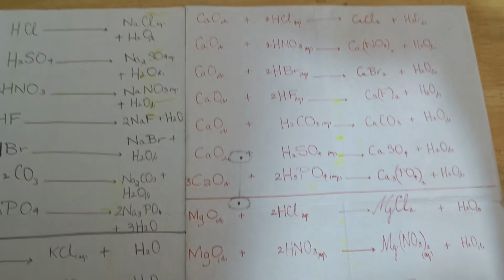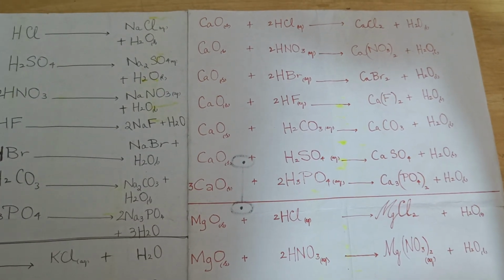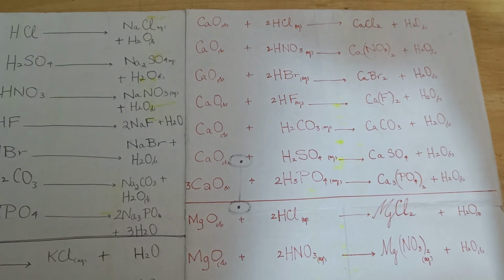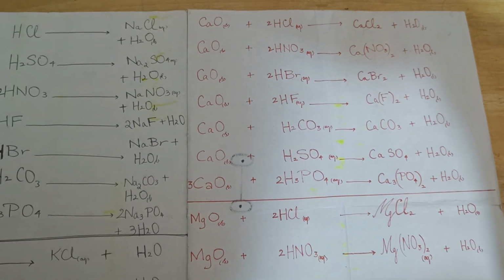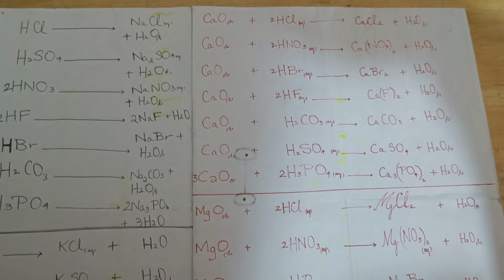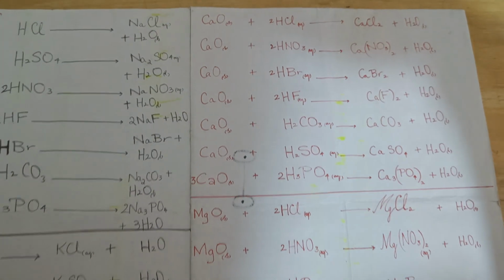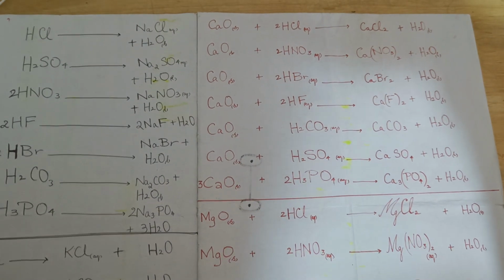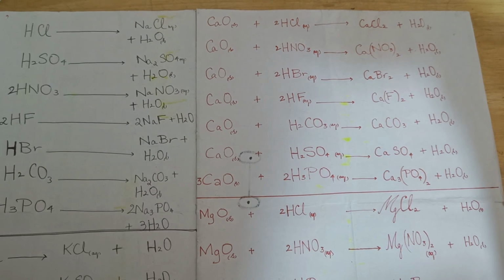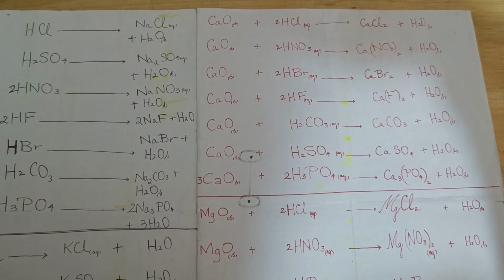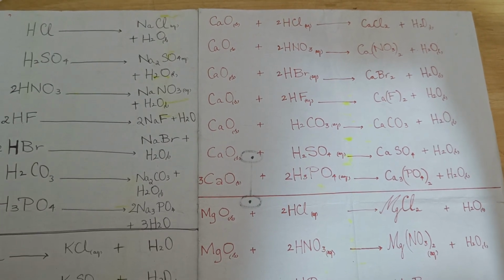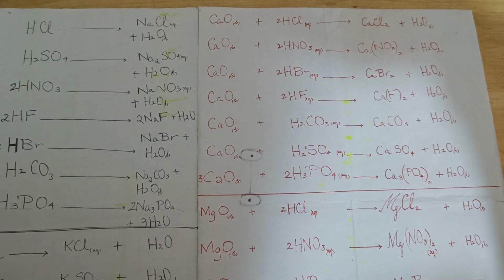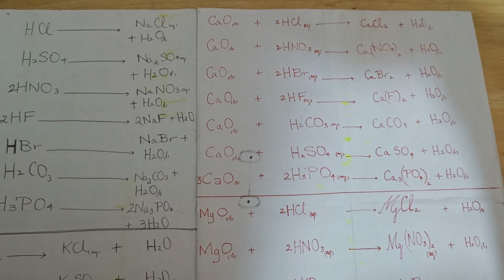In group 2, we don't use barium and strontium because they require hotter temperature acids. So with group 2, we use calcium and magnesium. Here we can see calcium and oxygen are balanced in the valencies, so it'll be a basic compound.